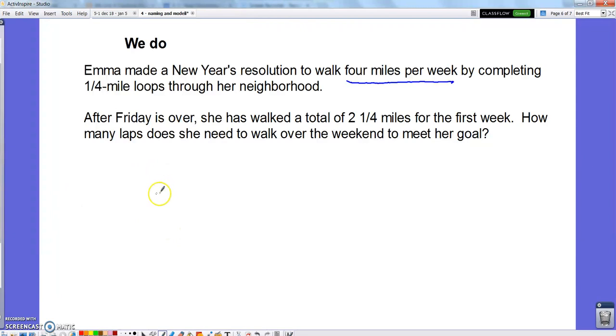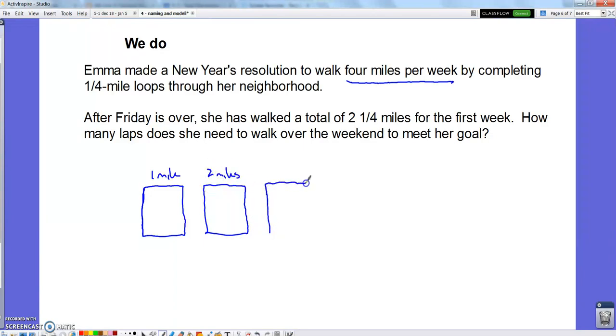So Emma's goal is to walk 4 miles. 1 mile, 2 miles, 3 miles, and 4 miles.